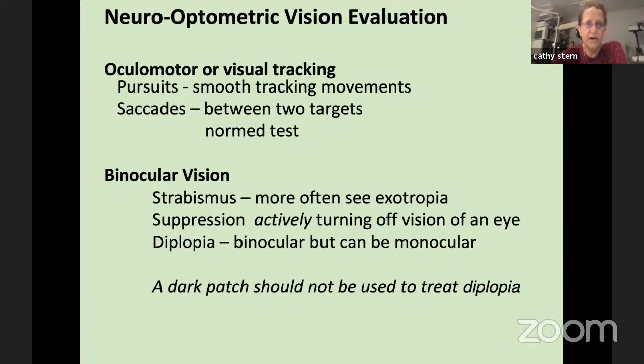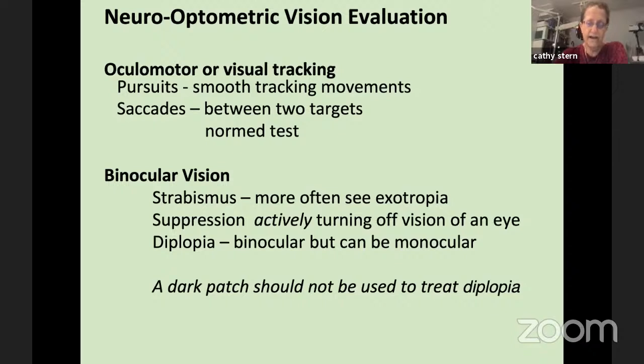And that's because if you put a dark patch on one eye, first of all, you're taking away all the peripheral vision on that side. Second of all, if their brain is trying to bring the images from the two eyes together, what will happen is that periodically while they're looking at something, they will have these short intermittent periods of darkness.